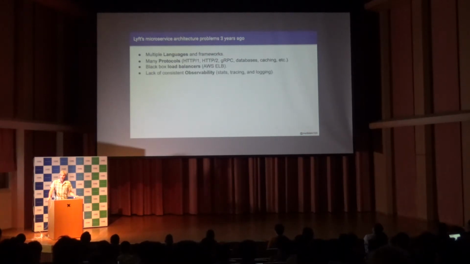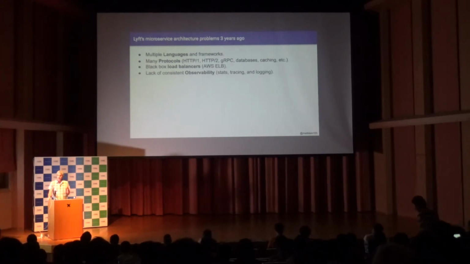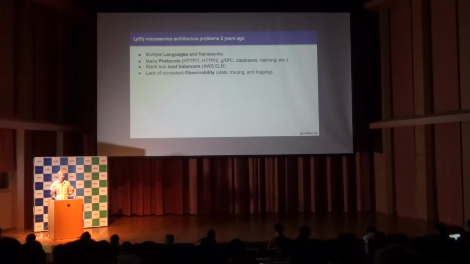And as I was just mentioning, what you start seeing with each of these points, from a polyglot architecture with different frameworks to different protocols to different load balancers, and you'll hear me talk about this a lot, is that observability is really key. Because when you're operating these microservice architectures, having a consistent set of stats, logging and tracing is what allows you to really understand what's going on within your system.